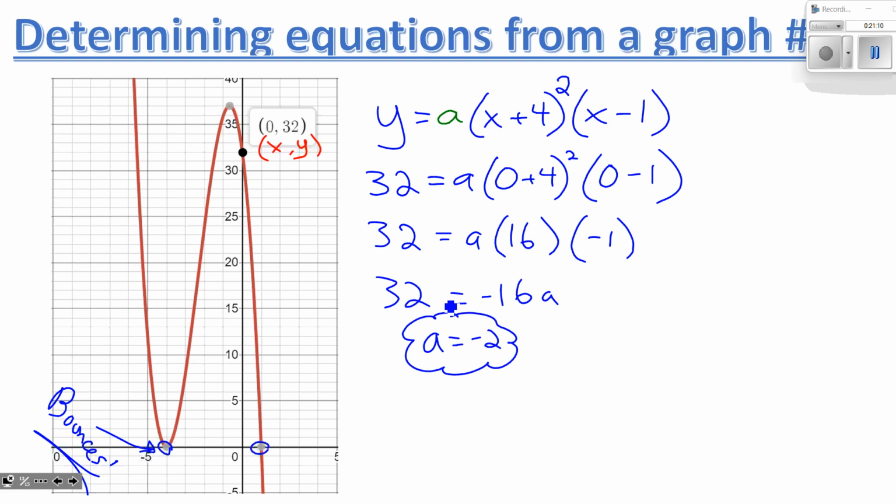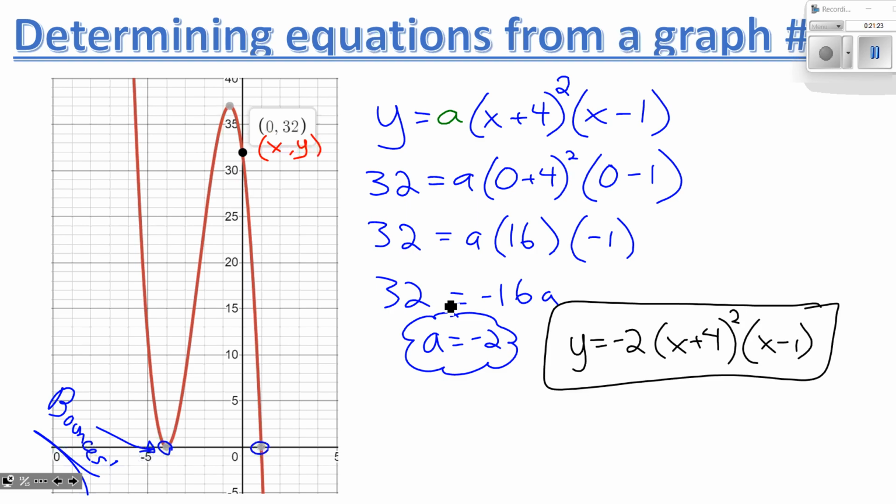That's tremendous, but don't forget, you got to put it into a final equation, which is going to look like this. I did all that good work to get the a value. Don't forget something silly like leaving off that multiplicity 2 or forgetting to write the actual equation. That's our whole goal, right? So make sure you do that entire thing.